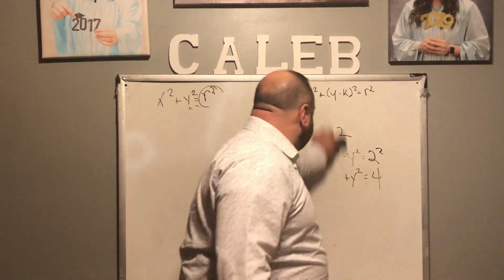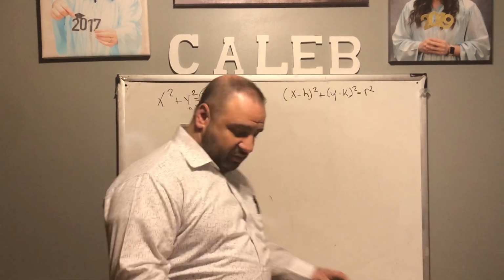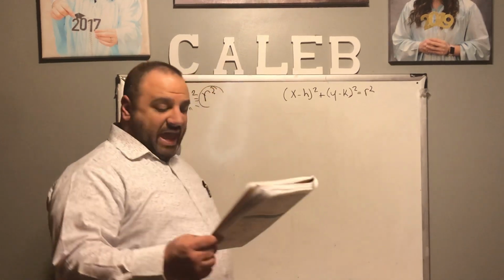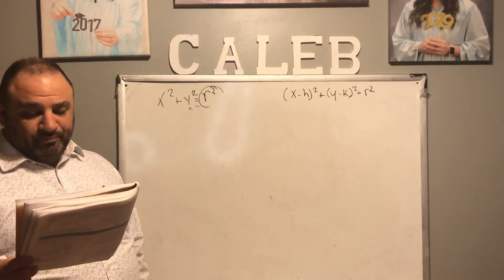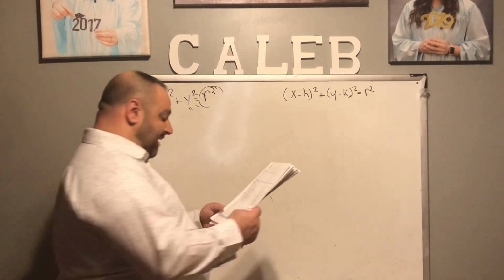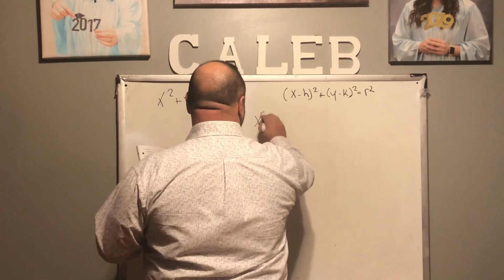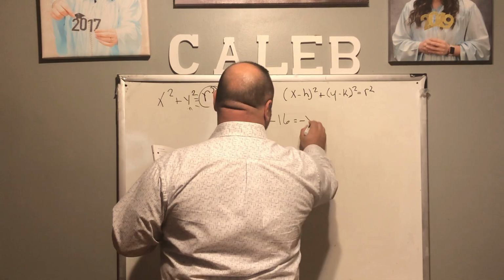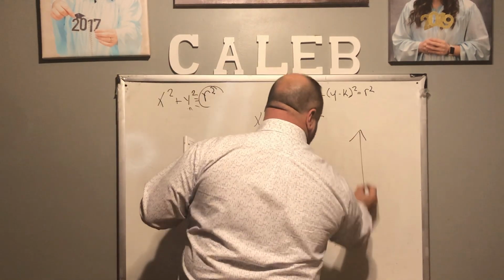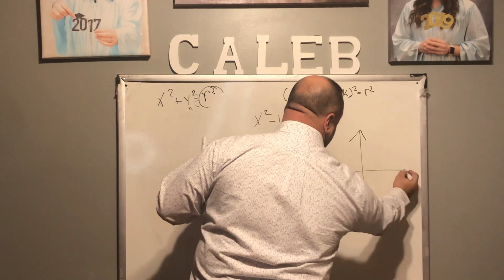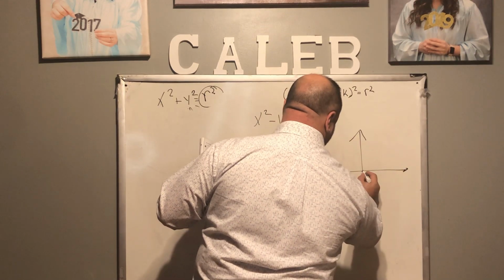Now let's actually do a couple of these and graph them. We have number 4. Looking at number 4 here: x squared minus 16 equals negative y squared. Let me draw my coordinate plane.